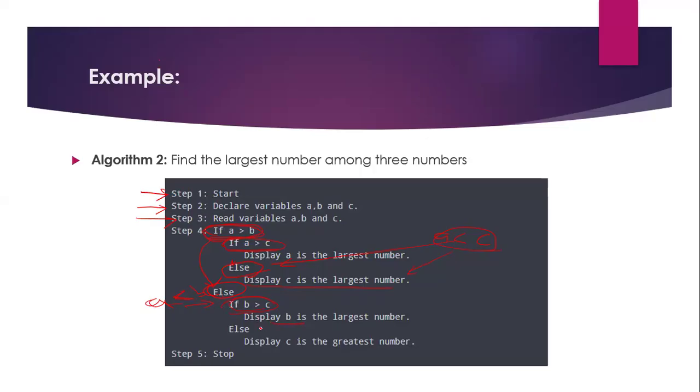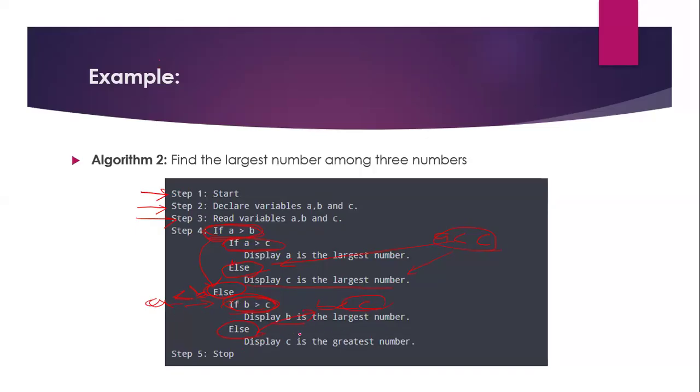B. So if here B is greater than C, the other possibility is what? B is less than C. So in this else, we have mentioned B is possibly less than C. Then if B is less than C, before that I have taken B is greater than A. So what is the largest number in here?